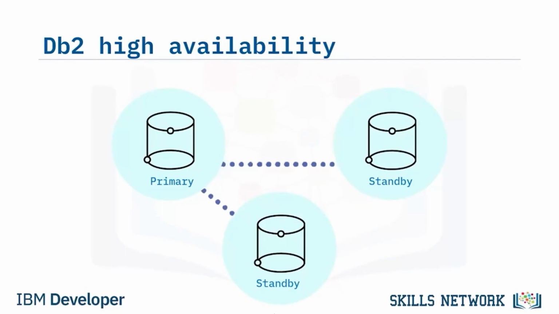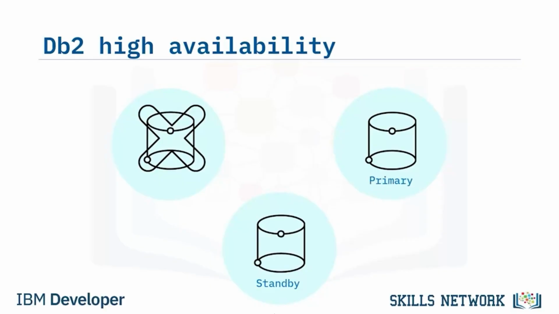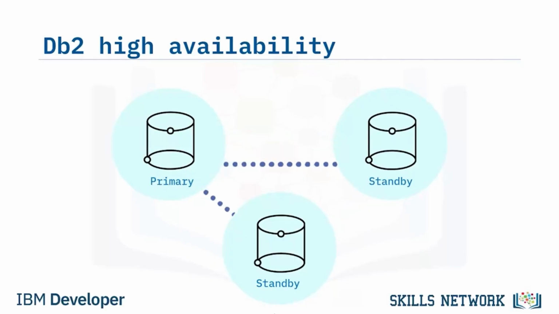If the primary database fails for any reason, hardware, software, or network issues, you can automatically promote one of the standby databases to be the primary database, redirect client applications to this new primary database, and continue to replicate to the other standby servers in the group. When the original primary database comes back online, it can either take the place of a standby server or be promoted back to the primary position.